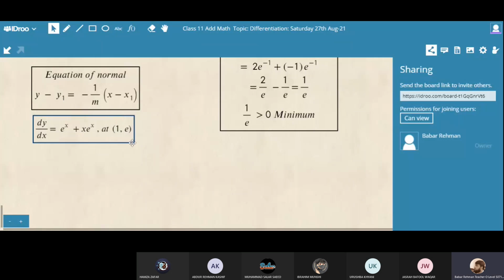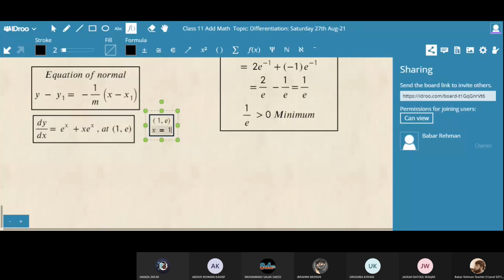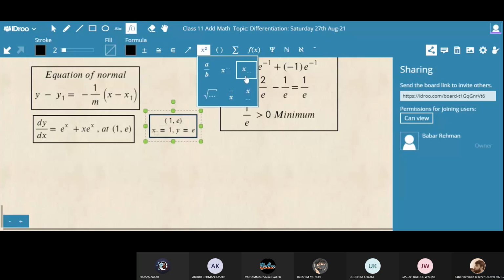What are x1 and y1 when they say 1 comma e? X is equal to 1 and y is equal to e. That is x1 and y1.